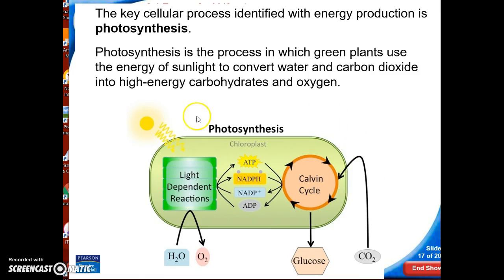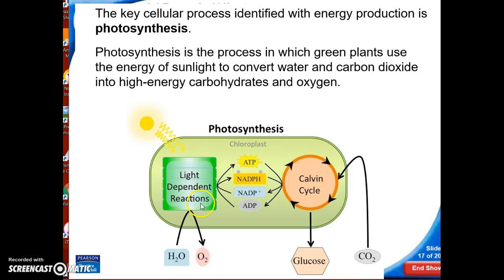And you can see here with this picture, here's our sunlight going in, water entering here. This also is an entering molecule. This is our carbon dioxide. And then the things that come out are our high energy carbohydrate like glucose and oxygen. And you can see here that photosynthesis is divided into two separate parts.